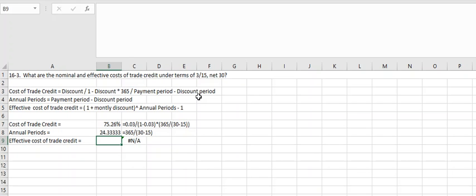So the way that we can get to the effective cost is look at the amount of the discount. So what we're going to do is 1 plus our rate, and our rate is simply going to be the 0.03 divided by 1 minus 0.03, or 0.03 divided by 0.97.